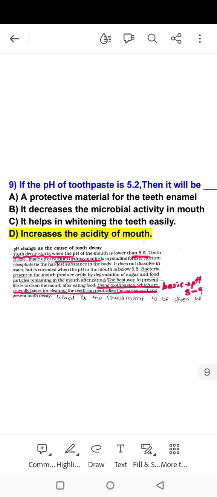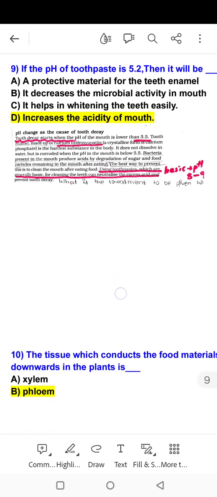If the pH of the toothpaste is 5.2, then the acidity of the mouth will increase. Teeth enamel is going to be lost by corrosion, microbial activities will become faster, and the teeth may lose their white color in course of time. So the toothpaste must not have a pH of 5.2. It should be above 8 or 9.